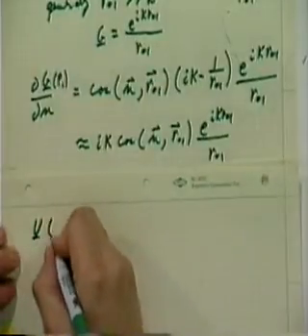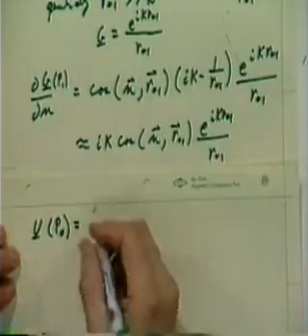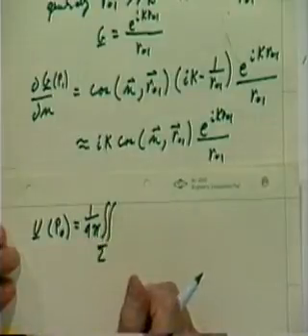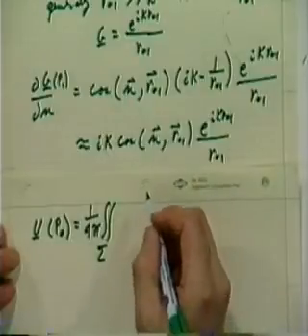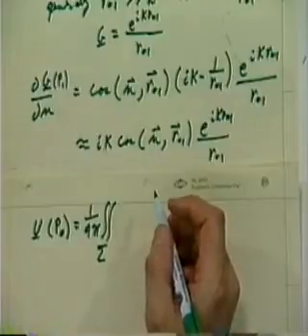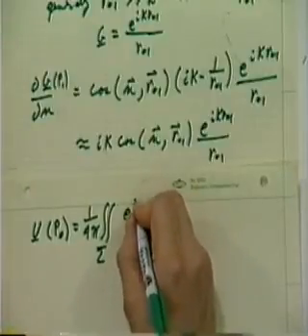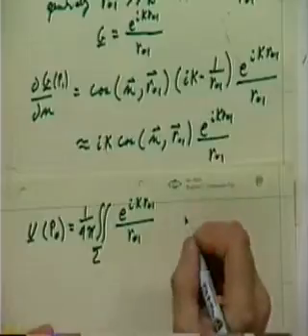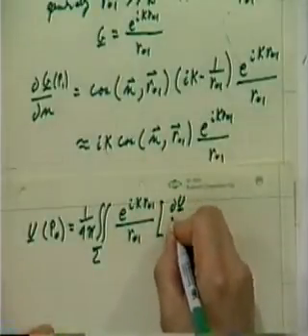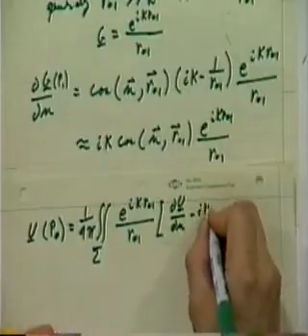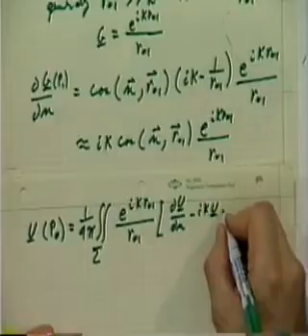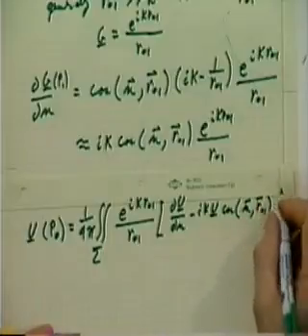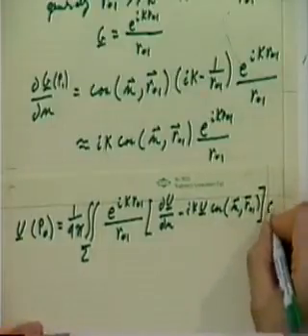And we get that u of p naught is 1 over 4 pi integral over the open portion of the aperture of e to the ikR01 over R01, times partial of u with respect to n, minus ik u cosine (n, R01), ds.